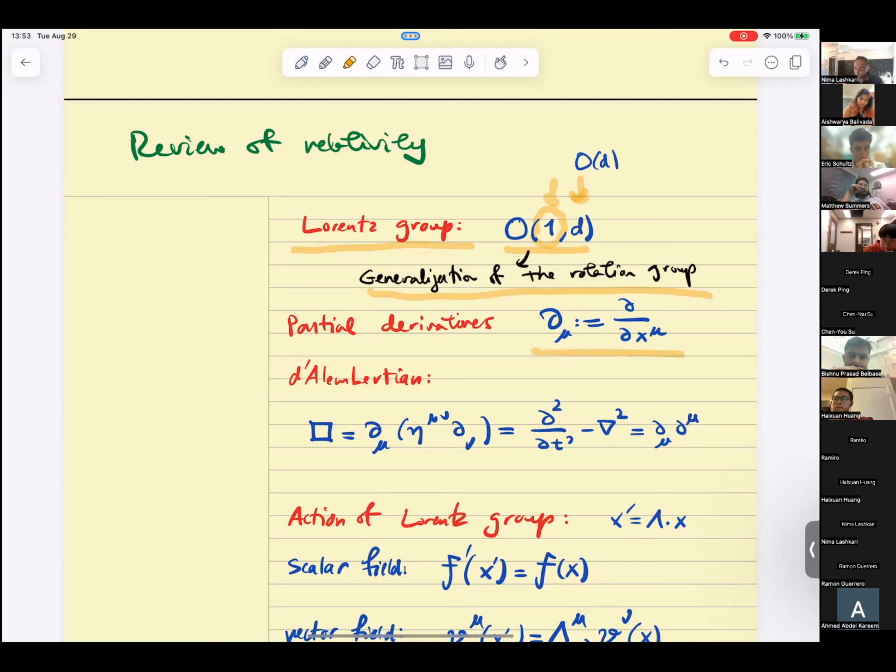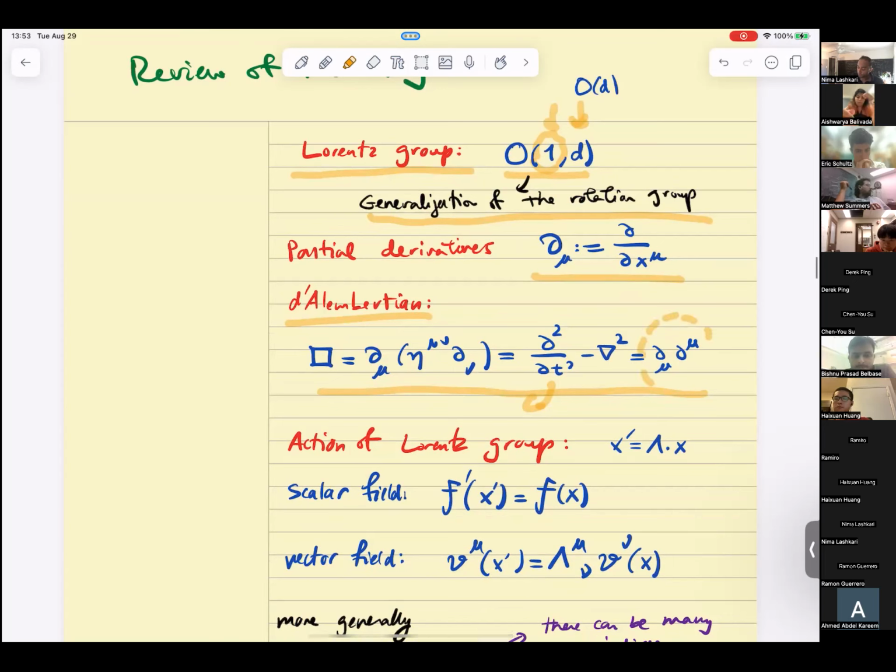Now we usually use this notation for partial derivatives, right? Del mu is del by del x mu, and then we have a D'Alembertian, which is basically the d plus 1 dimensional version of the Laplacian, right? So it's just del t, the second time derivative, minus the Laplacian, and the convention I'm using, we often write it this way. Good.